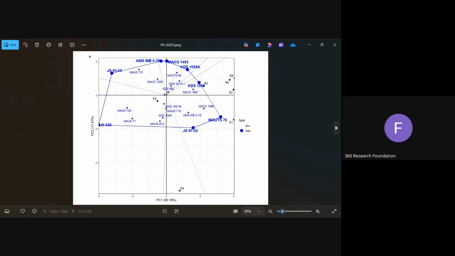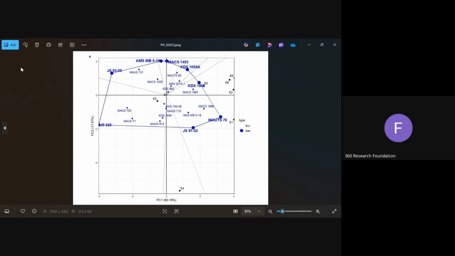Environments are distributed and genotypes are distributed, but some connected structure view is there, like we saw in the AMMI2 biplot.